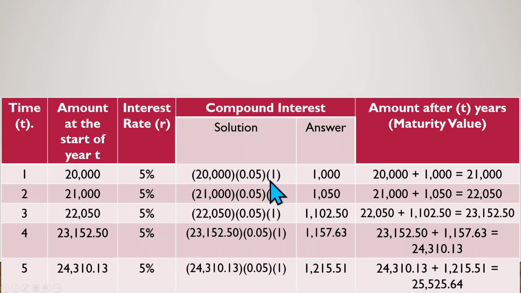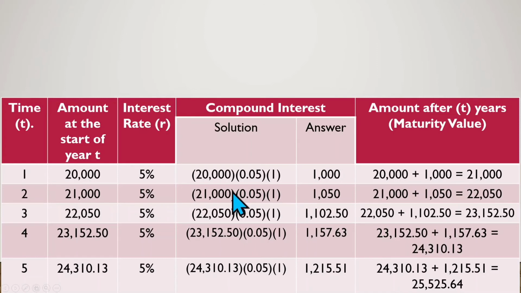So we have an interest of 1,000 pesos. And then the maturity value for the first year, principal plus the interest, will be 21,000 pesos. Now, this is the difference between the simple and the compound.